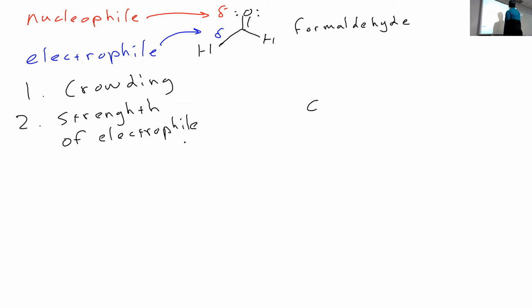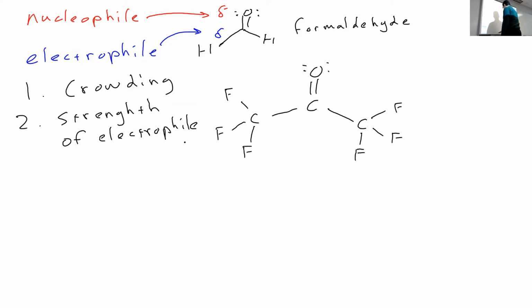So if we take our electrophilic carbonyl carbon and we attach some fluorines nearby, fluorines, as we know, are highly electronegative, right? So each of these fluorines are going to be pulling away electron density, acting as electron withdrawing groups.